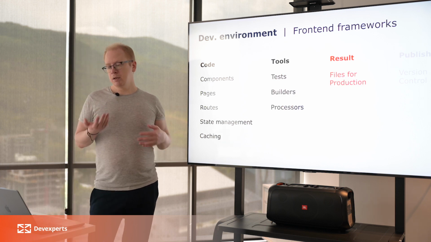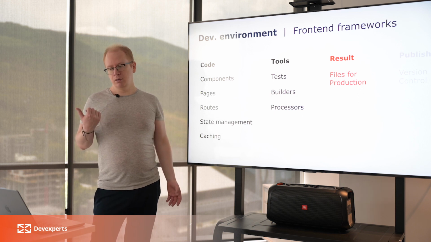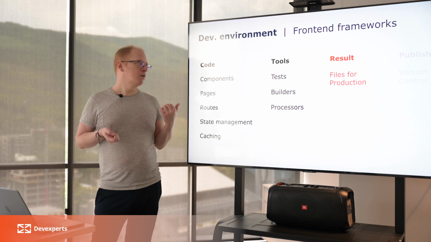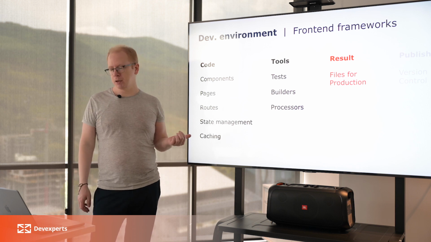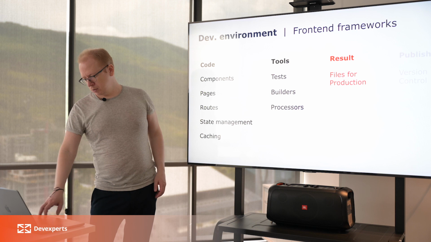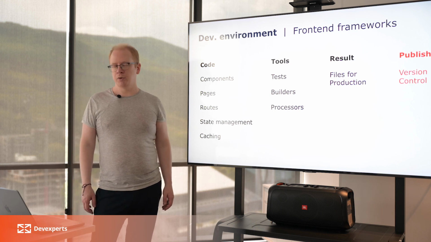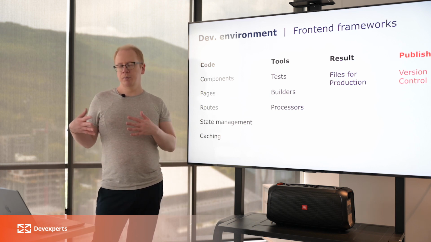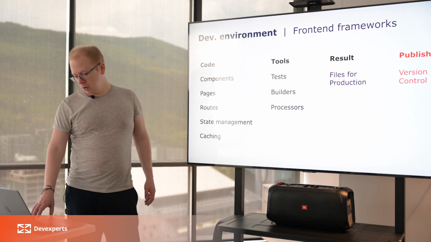Out of those environments, we generate the earlier mentioned HTML, CSS, and JavaScript, which will be further sent to the production environment. And a lot of times we use version control to keep track of our work.